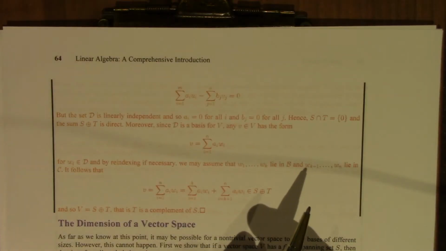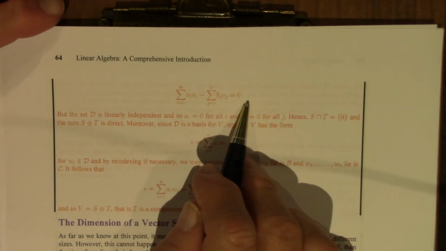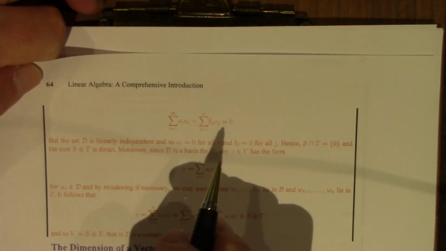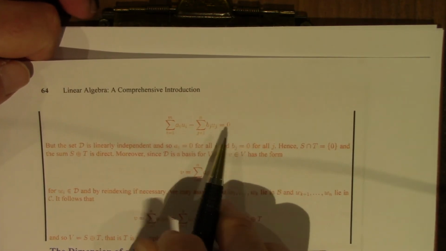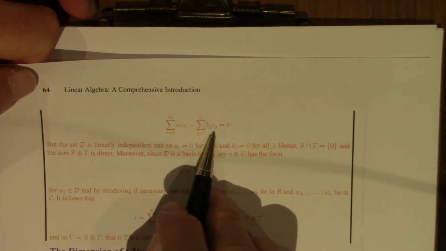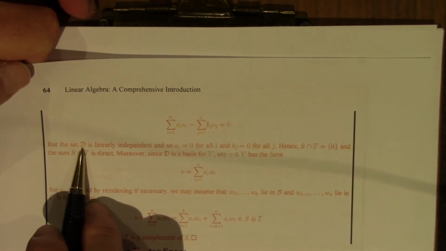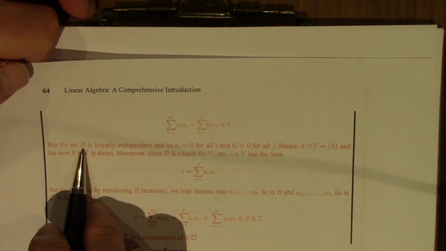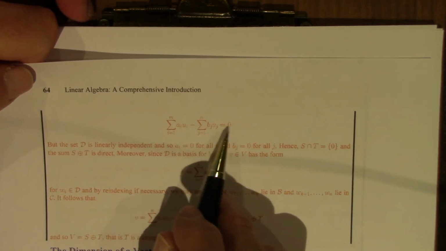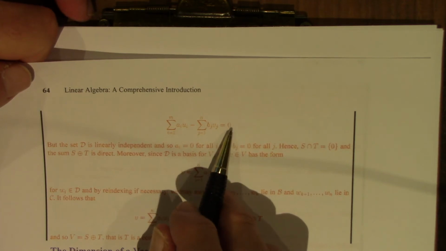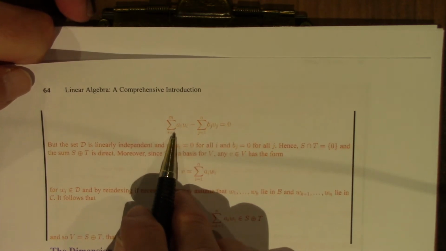Now we just put everything on one side. This is a linear combination equal to 0, but the u's and the v's all belong to the basis D for the whole space, so this set is linearly independent, and so any linear combination that equals 0 must be trivial.